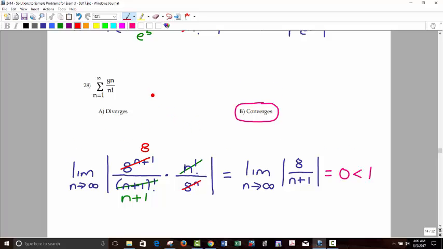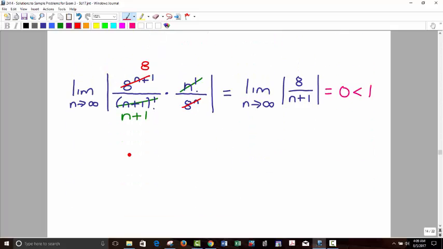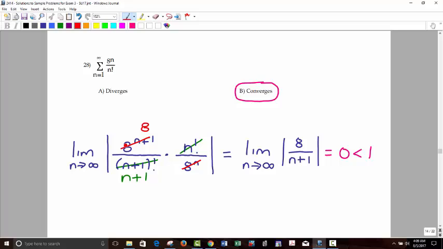Let's see, 8 to the n over n factorial. You have 8, put in n plus 1, so you have 8 to the n plus 1 over n plus 1 factorial. And then flip this one over, you're just dividing by it, so we're multiplying it by its reciprocal. So it's n factorial over 8 to the n.